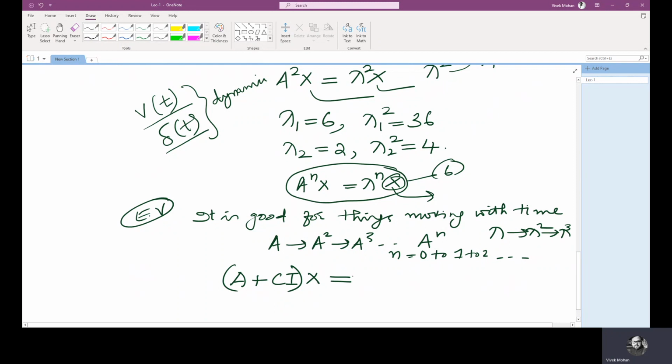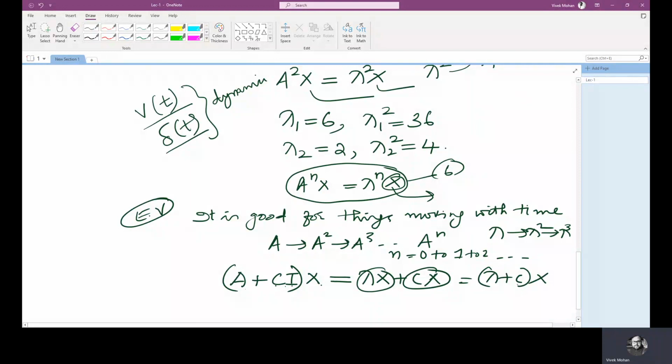(A plus CI) into x equals lambda x plus Cx, right? Because Ax equal to lambda x, A into x is lambda x, and C into I into x is Cx itself. Now this is equal to (lambda plus C) into x.